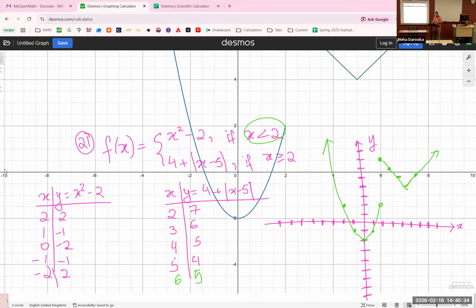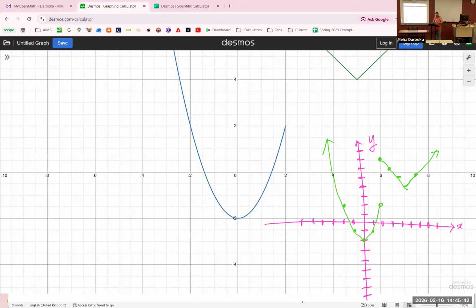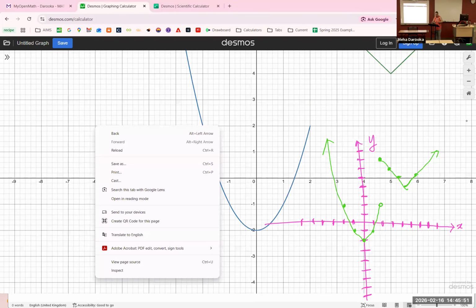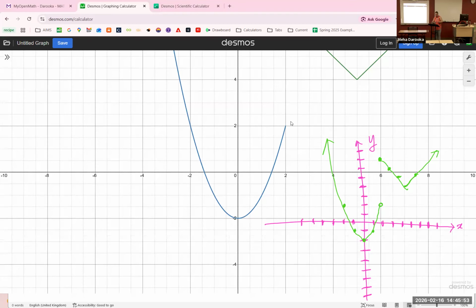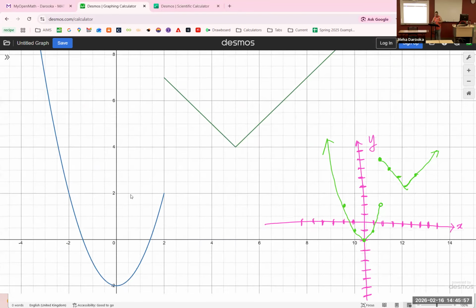All right, so let me actually, I'll keep the graph, but I'll delete the writing. So you can kind of see what our graph looked like and what Desmos is showing us. All right, that's what I was hoping to see.